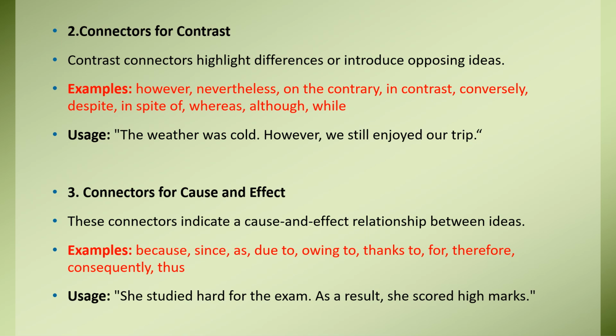As a result, she scored high marks. So now you can understand from the example. She studied hard for the exam. That is the cause, that's why she got high marks in the exam, right? So you can understand from the example as well.